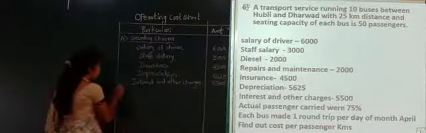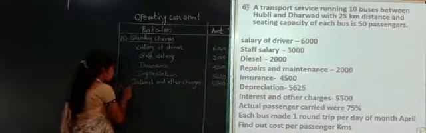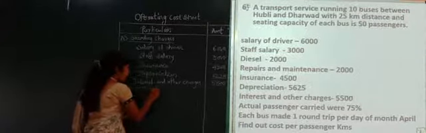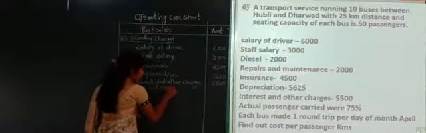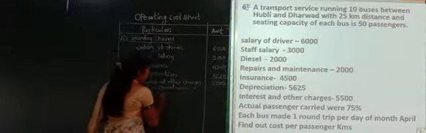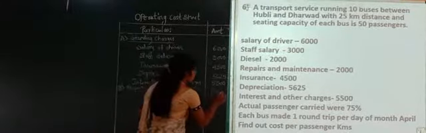Here all the standing charges information is over. Next, write down the second part, repairs and maintenance. Under repairs and maintenance the amount is given directly, 2,000.